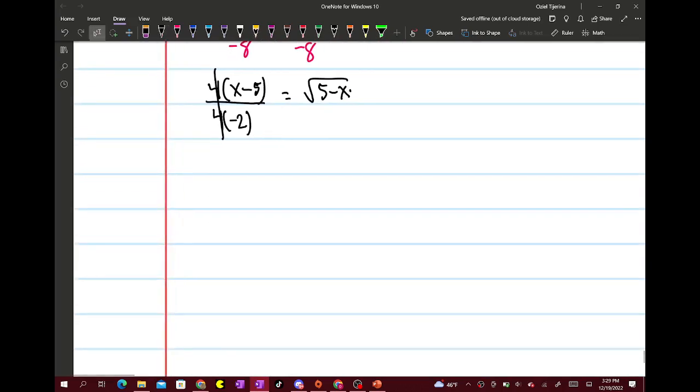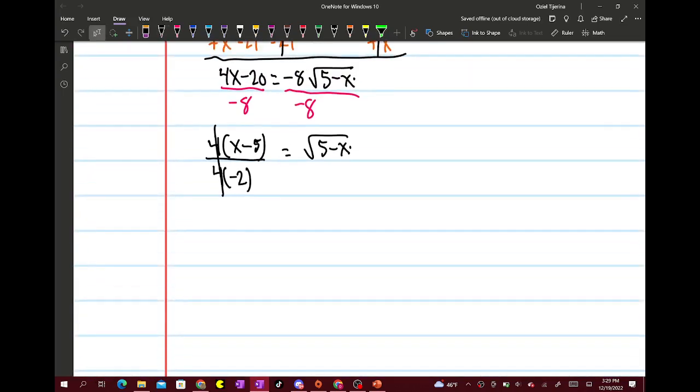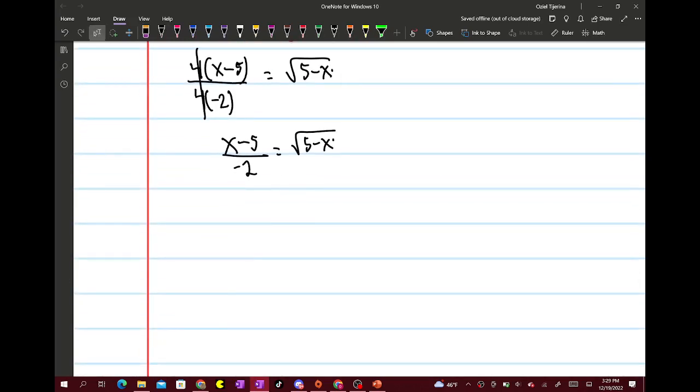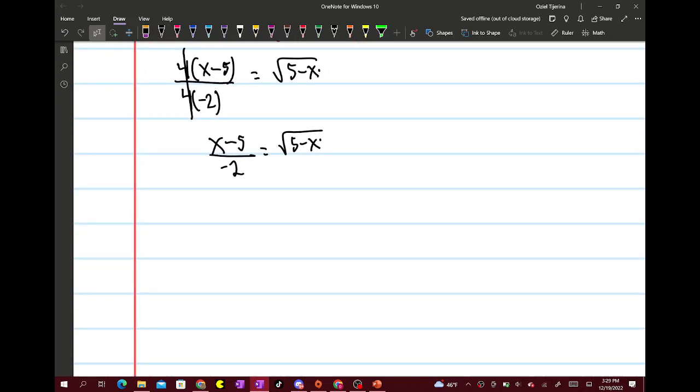Now, let's see, so it's x minus 5 all over negative 2 is equal to the square root of 5 minus x. Now, we can go ahead and multiply by negative 2 on both sides.